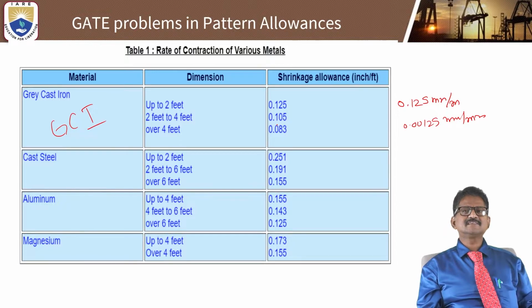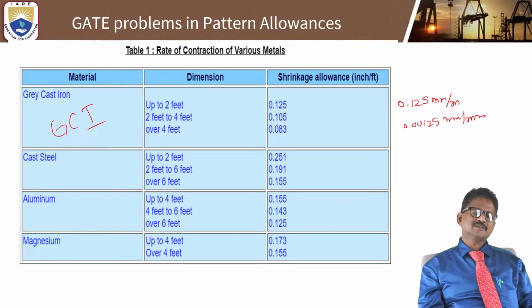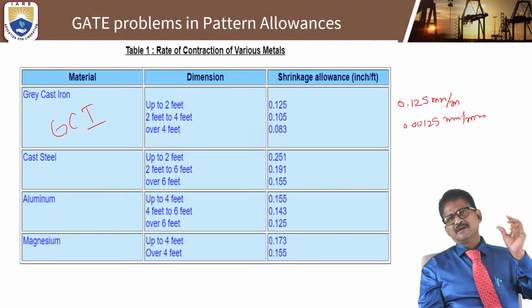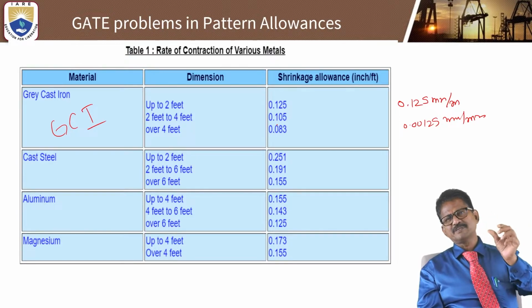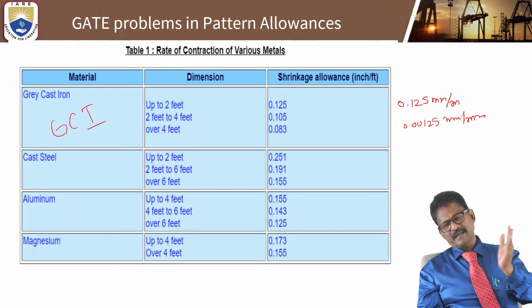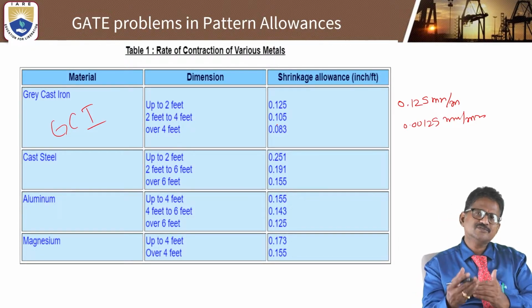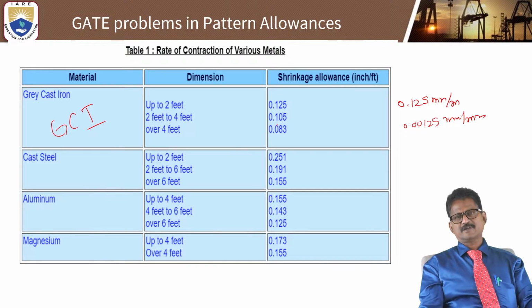These values should be collected from the standard textbook. Sometimes in the examination, for a particular material they will give the allowance, so based on that allowance you can calculate the exact dimension of length, by adding this allowance in a step-by-step format.